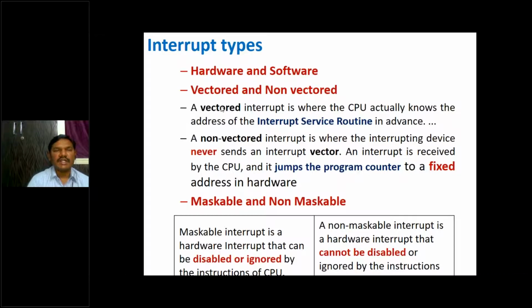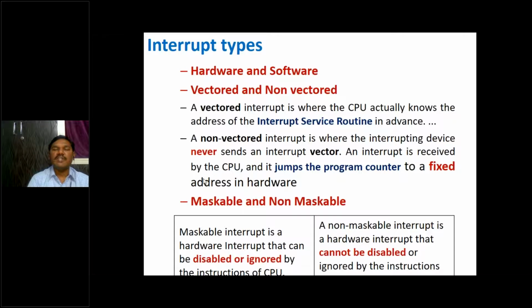First, we will see what a vector interrupt is. A series of values is called a vector. Here all the interrupts are arranged as a series in memory, which is called a vector. In a vector interrupt, the CPU knows the address of the ISR in advance. In a non-vector interrupt, the interrupting device never sends an interrupt vector.